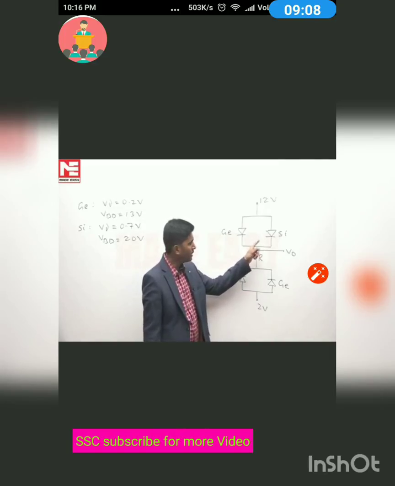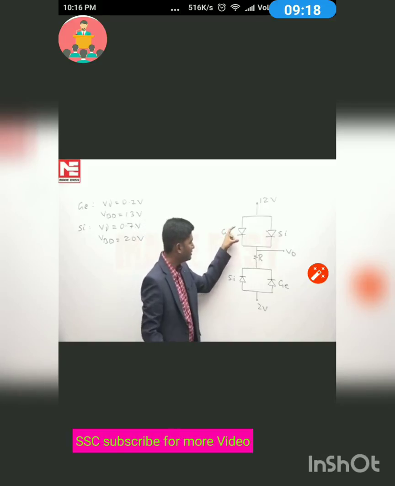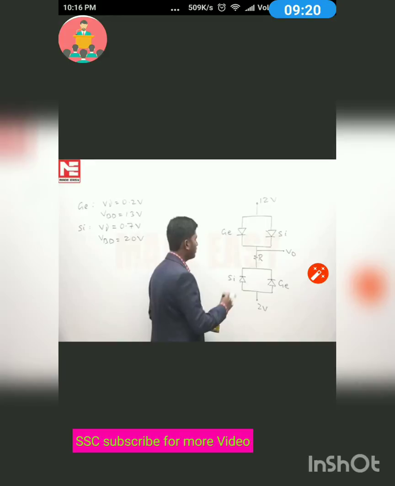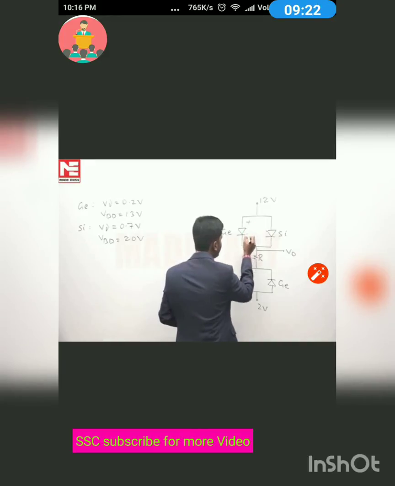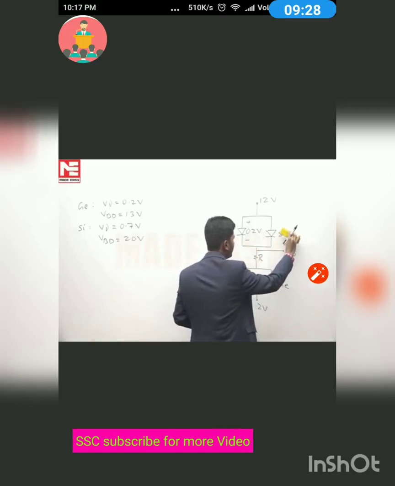For the silicon diode to conduct, it needs 0.7 volt across it, but because these diodes are in parallel, only the germanium diode will be able to conduct. Therefore, we can consider the germanium diode as on, with a voltage drop of 0.2 volt, whereas the silicon diode will remain off, so I replace it by an open circuit.